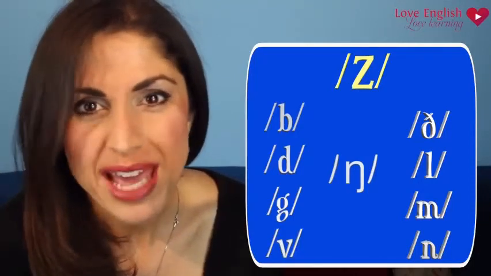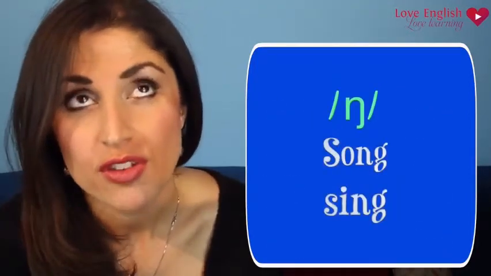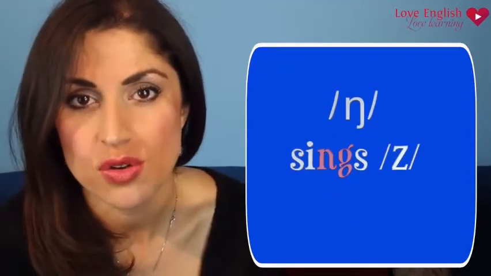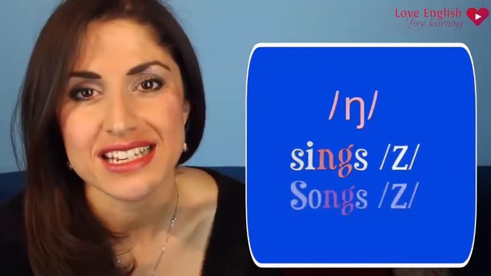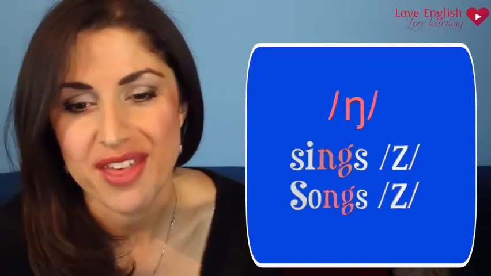Now, where do we have that sound in English? Well, think about it. Song, sing. So, for example, we would say sings, not singies, or sings, sings, and songs. So we've got the noun and the verb there.